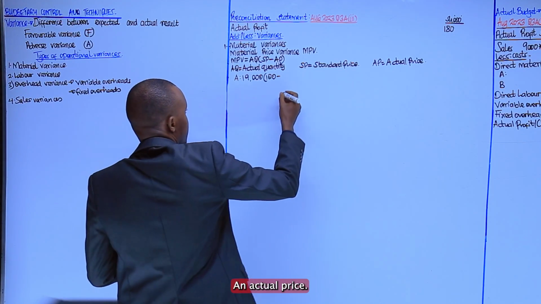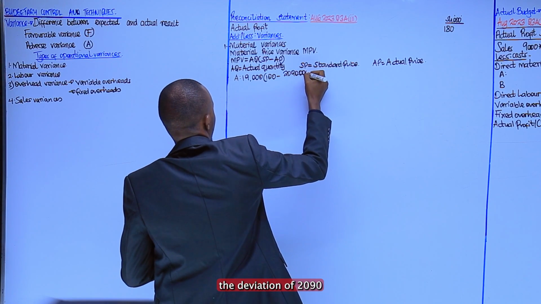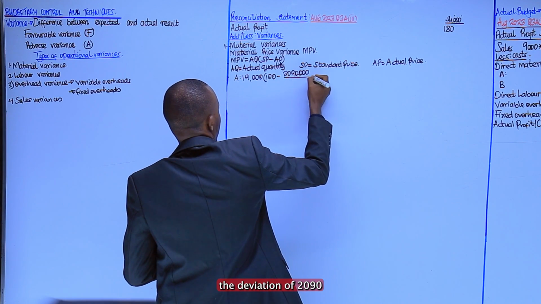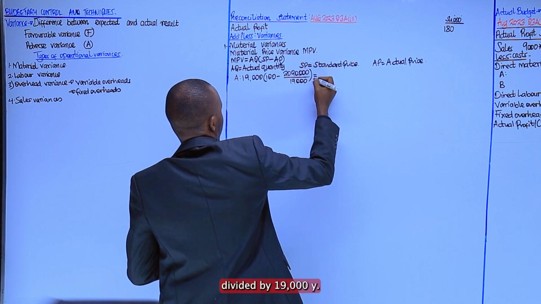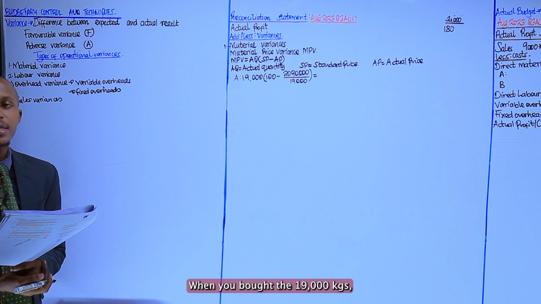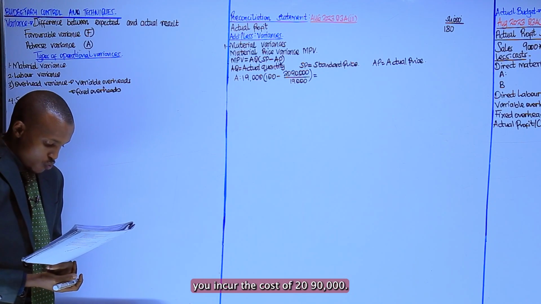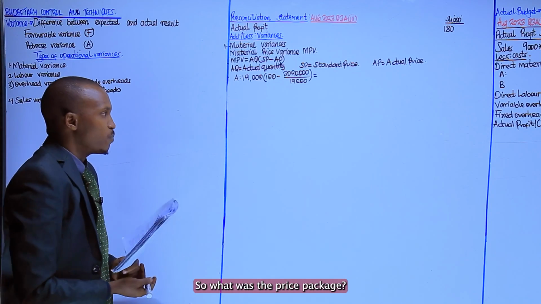An actual price per kg is 2,090,000 divided by 19,000. Why? When you bought the 19,000 kgs, you incurred a cost of 2,090,000. So what was the price per kg?